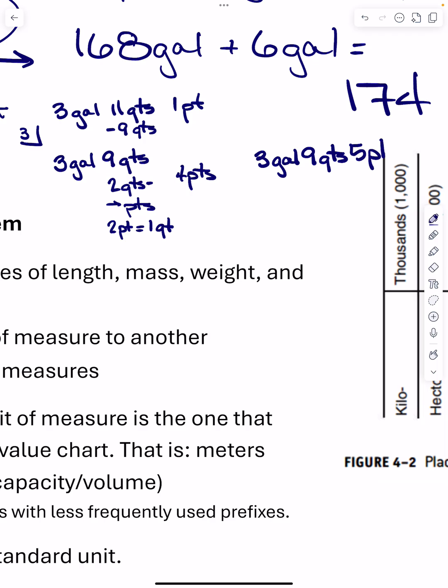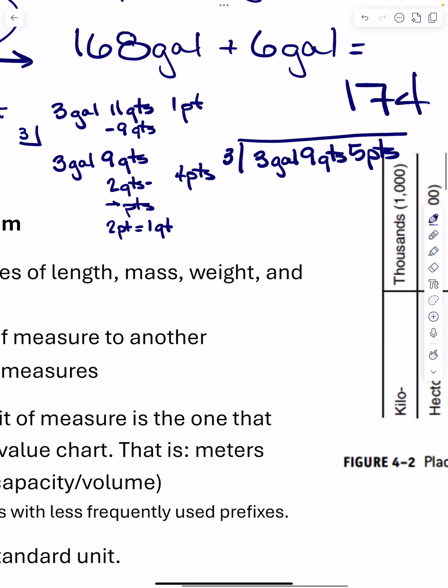Now, why would I want to do that? If I am going to divide this by 3, it goes in evenly to the gallons, and I'm going to put everything down here. 3 gallons divided by 3 is 1 gallon. 9 quarts divided by 3 is 3 quarts.